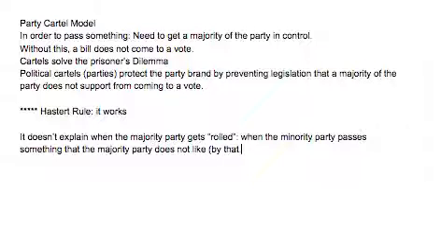And by that, I mean less than half of them like it. So maybe the Democrats pass something and all the Democrats vote for it and 30% of Republicans vote for it, so it passes, but 70% of Republicans voted against it. Well, the fact that every once in a while that happens, that's an example of the model not working.